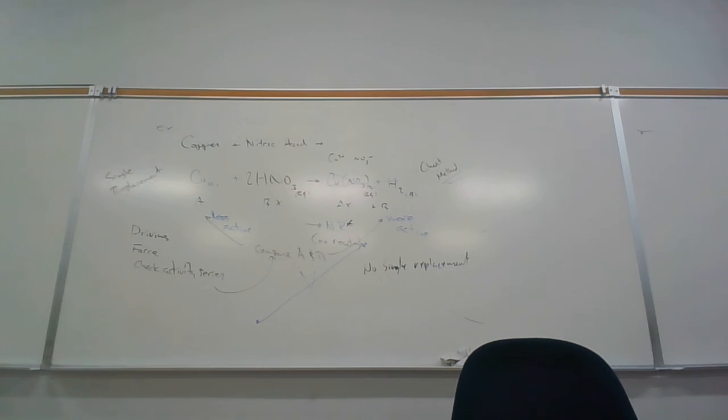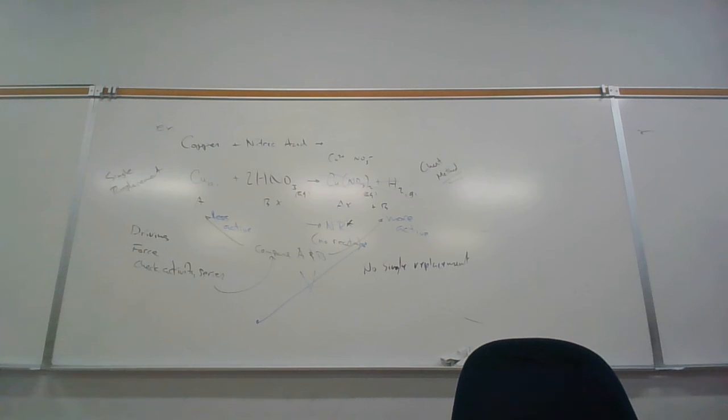Now there's a conjugate relationship. The conjugate relationship is this. If something is a very, very powerful oxidizer like fluorine, it takes 2 electrons. Once it has those 2 electrons, it doesn't let go. If it doesn't let go of the electrons, then it's very hard to remove the electrons from fluoride. And so what this means is if fluorine is a powerful oxidizer, fluoride is a very weak reducer.